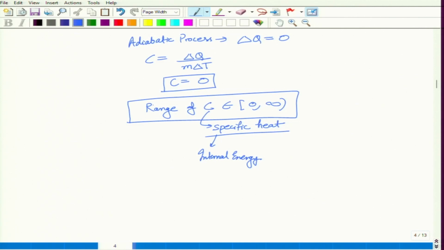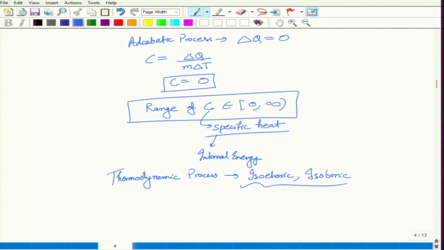Okay. So there are other thermodynamic processes, that is isochoric or isobaric.